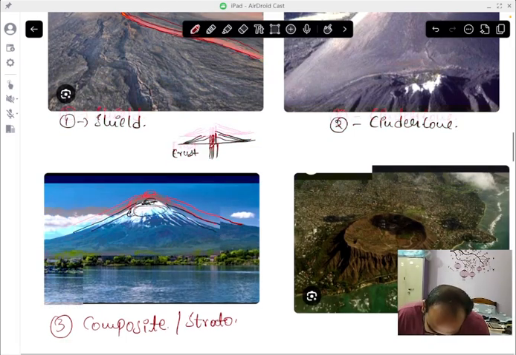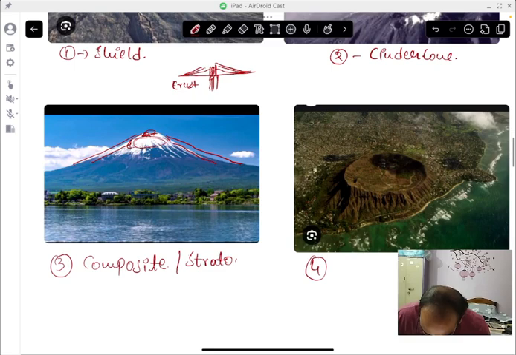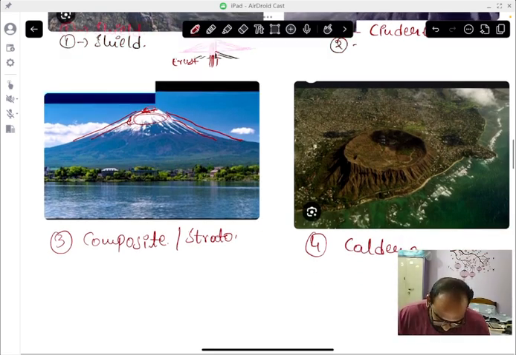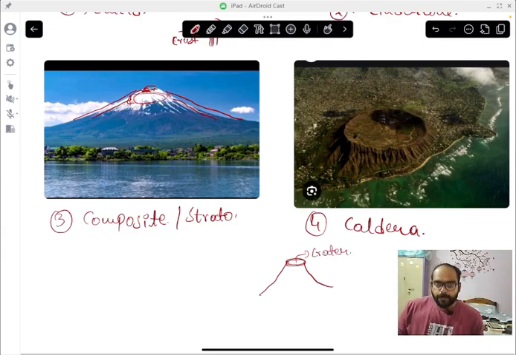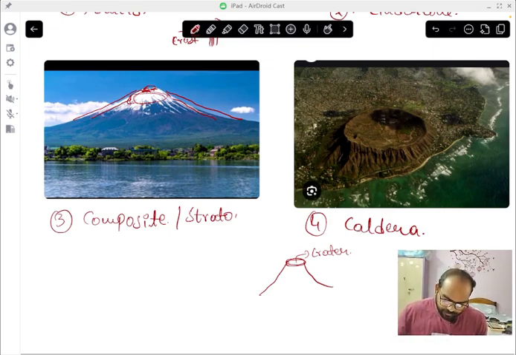Fourth one is caldera. I said that if this is a volcano, this is the opening, and the opening is called the crater. Sometimes the lava that comes out will be very explosive in nature.